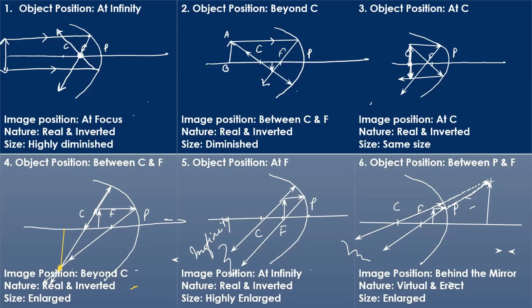Always draw the arrow properly. So now this is going to be my A dash and B dash. Okay, this is how your image formation should be whenever you draw images for concave mirror. Understood? Okay, try to practice this.